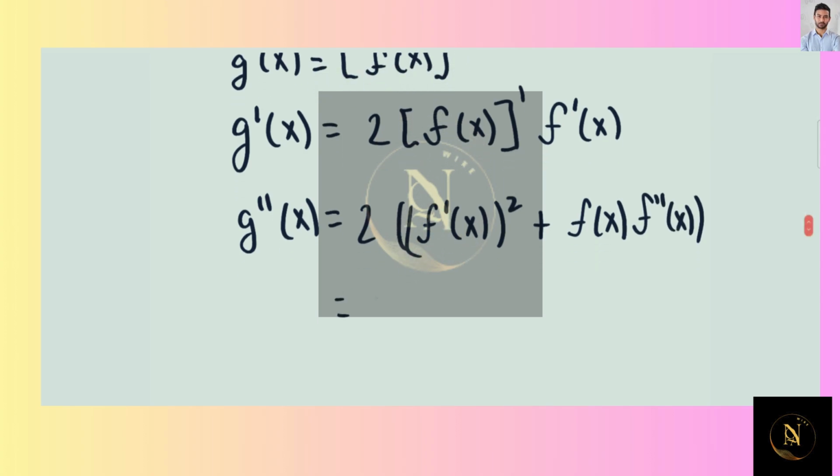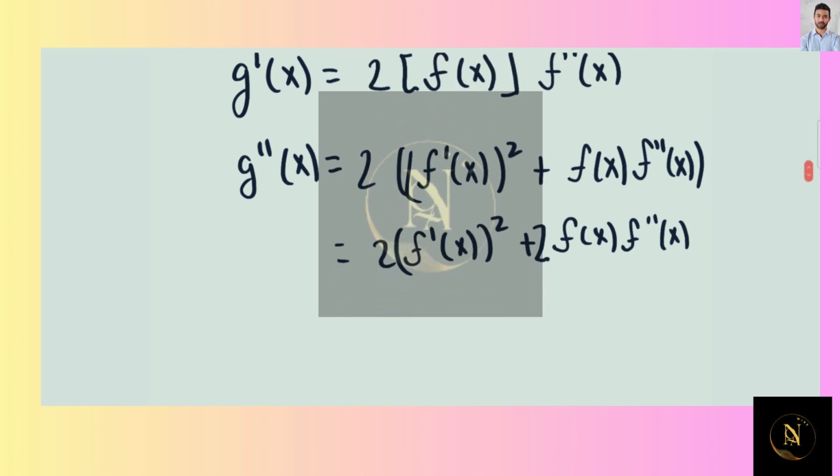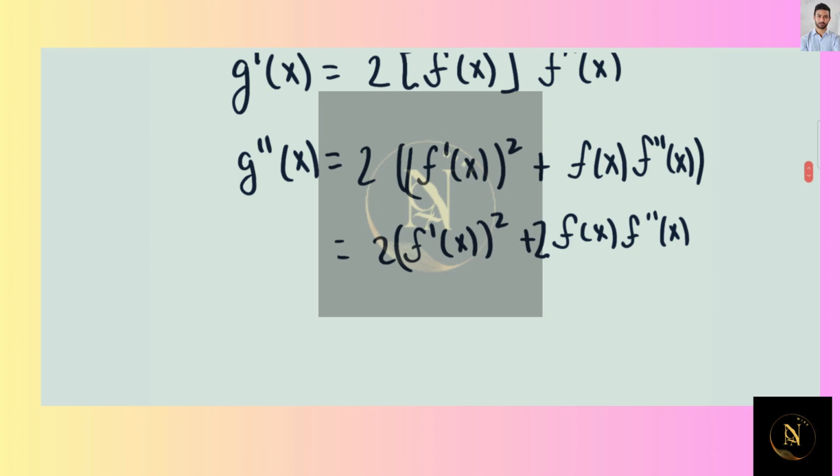If we simplify this, this is equal to 2 times f prime of x squared plus f of x times f double prime of x, and then this is also multiplied by 2. I forgot the 2.